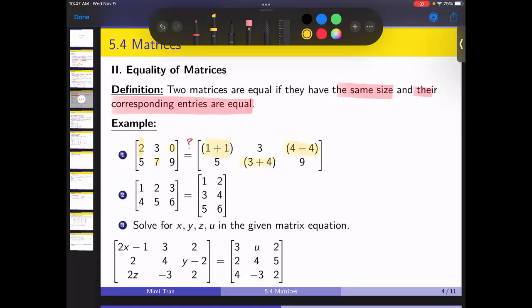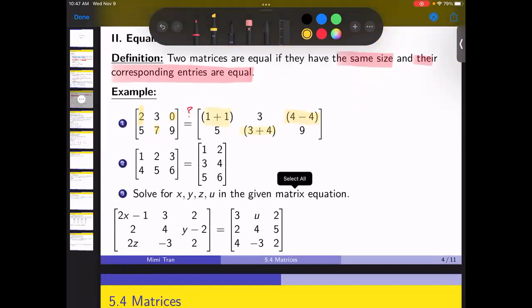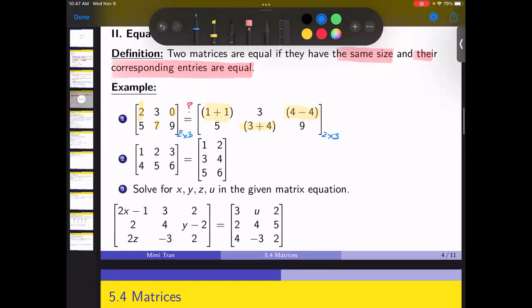The 7 here is the same thing as 3 plus 4. And they have the same dimension, which is 2 by 3. They're both 2 by 3. What about the second problem? Different dimensions, right? This is 2 by 3 and this is 3 by 2. So nope.